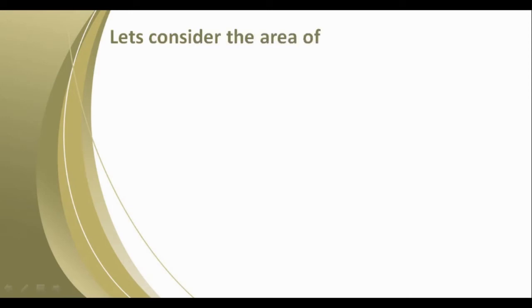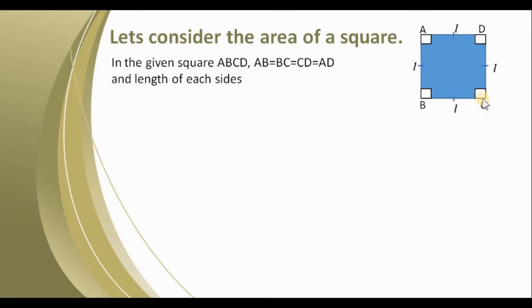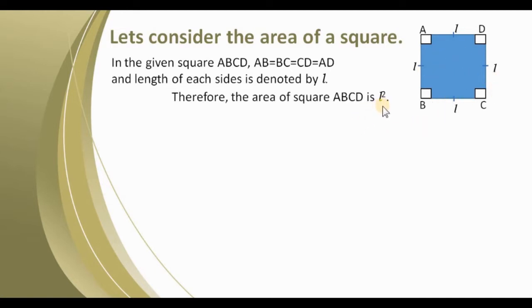Let's consider the area of a square. Here we have a figure of a square ABCD, where the sides are given as L. In the given figure ABCD, AB equal to BC equal to CD and equal to AD, and the length is shown by L. Therefore, the area of this square becomes L square.